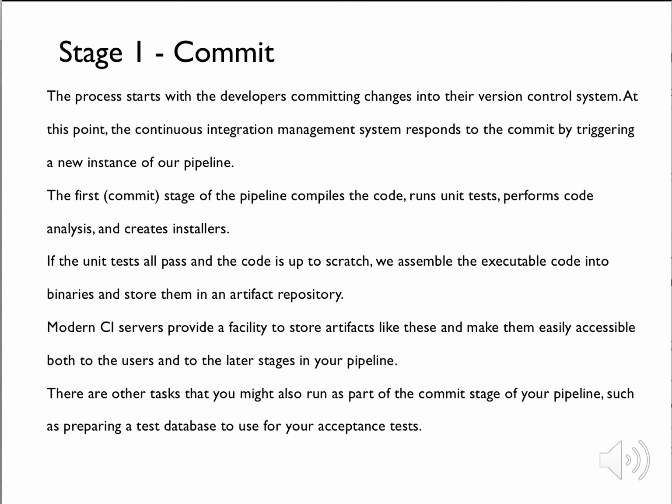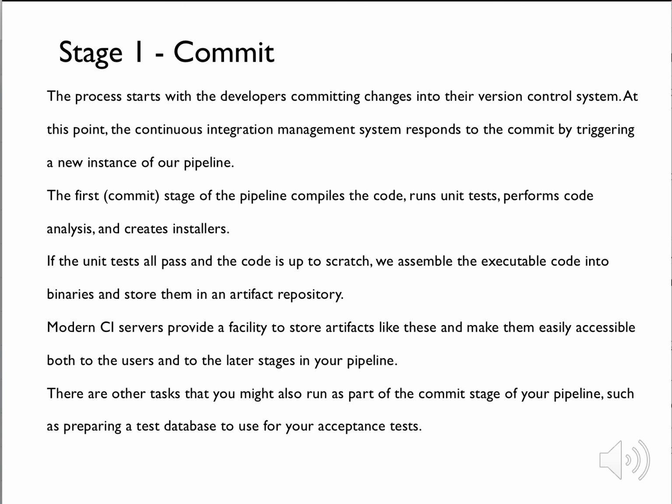There are a number of tools available, and modern CI servers provide the facility to do all these things. So we just have to make use of the technology, the tools, to get through this commit stage.